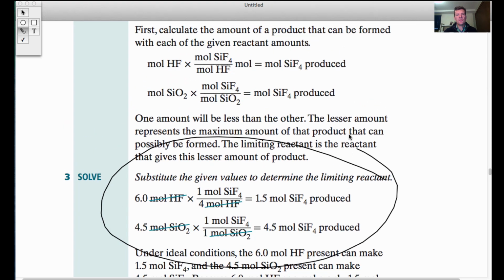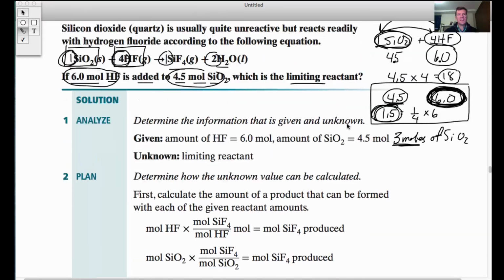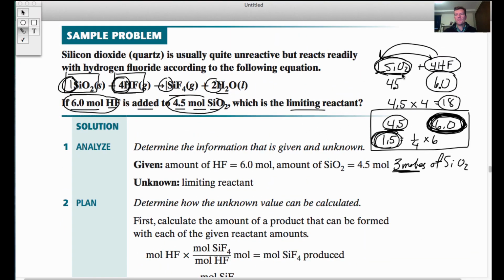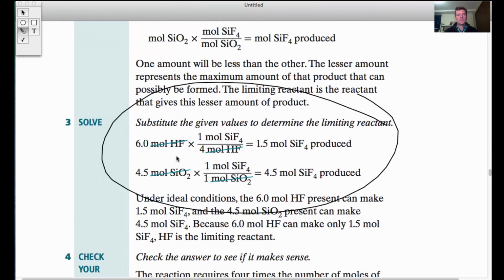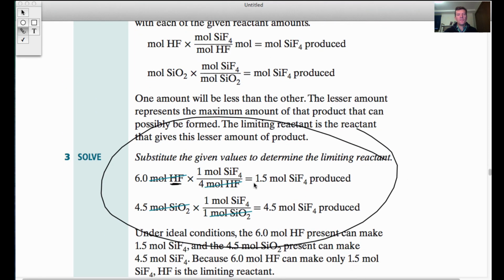It's showing it to you, though, in a little bit of a different way. What they're saying is take your 2 mole amounts, the 4.5 and the 6, and see how much they would individually produce of the SiF4. So they're saying use those molar ratios. So if you have 6 moles of the HF and you multiply by the ratio here, it's a 4 to 1 ratio, you produce 1/4 the amount of SiF4, and so you would get 1.5 moles of the silicon fluoride.